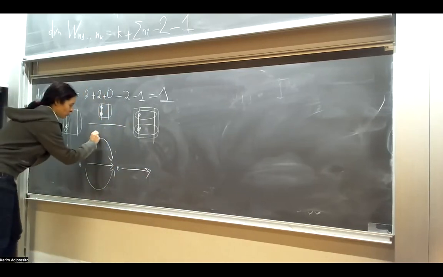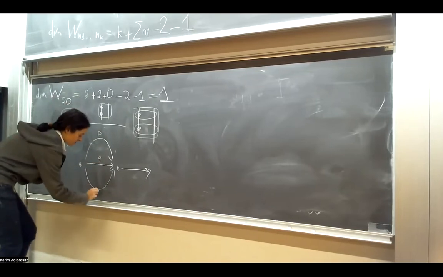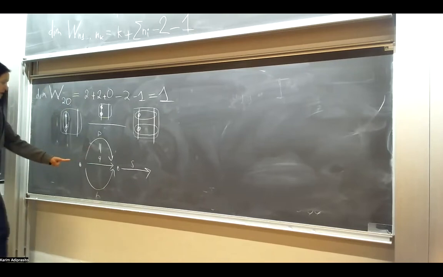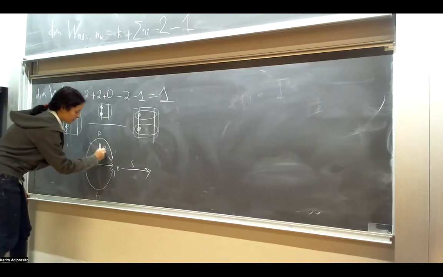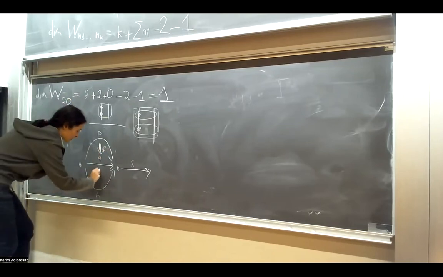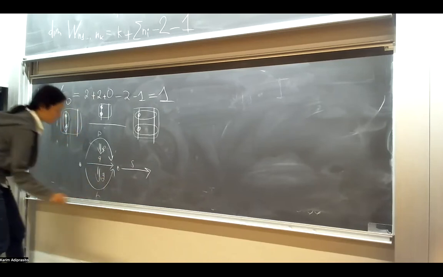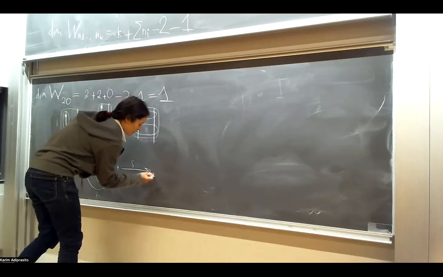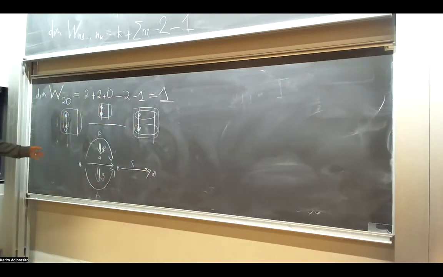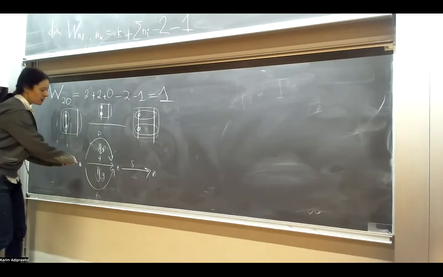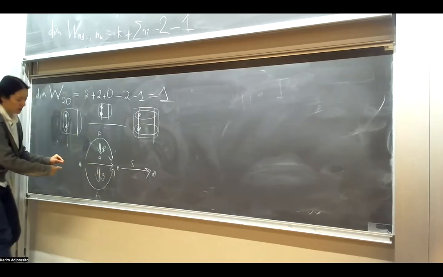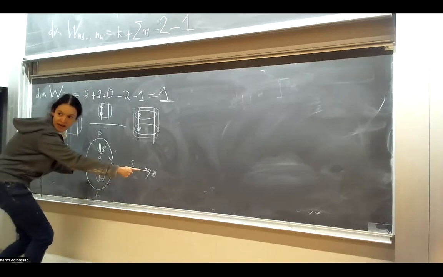Let me call them P, Q, R, S. And here I have a morphism F. And here I have a morphism G. So the question is how I can compose them into a 2-morphism from the composition of P with S to the composition of R with S.